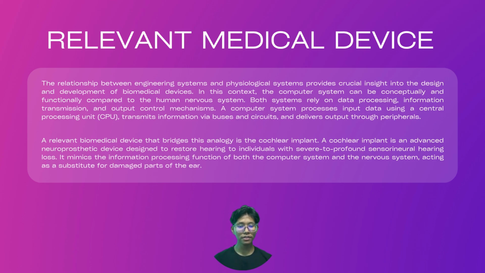In this context, the computer system can be conceptually and functionally compared to the human nervous system. Both systems rely on data processing, information transmission, and output control mechanisms. A computer system processes input data using a central processing unit, which we call the CPU, transmits information via buses and circuits, and delivers output through peripherals.